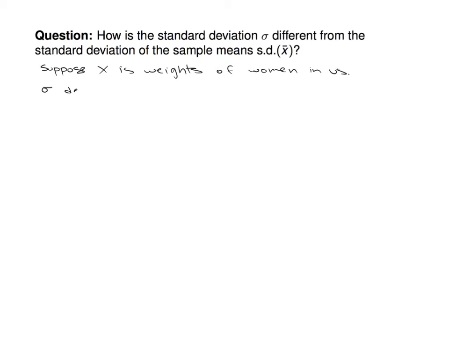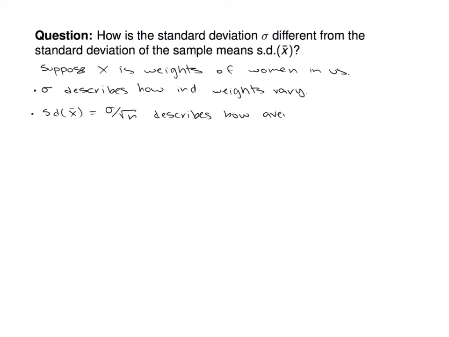Then sigma describes how individual weights vary, whereas the standard deviation of x bar, which is sigma over root n, describes how the average weights will vary in a sample of size n.